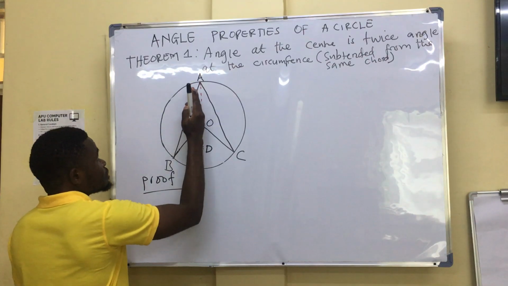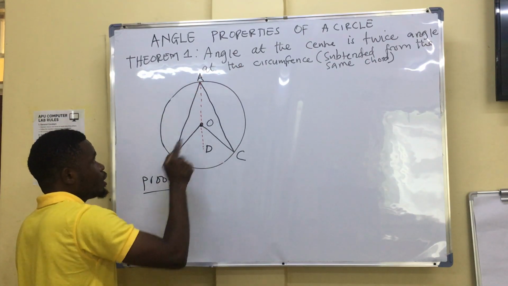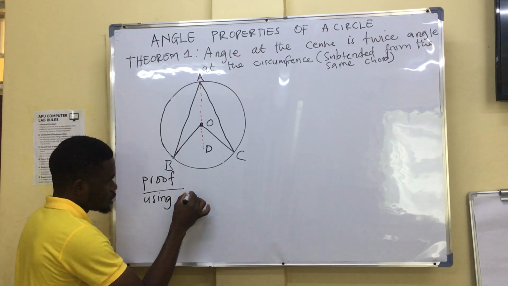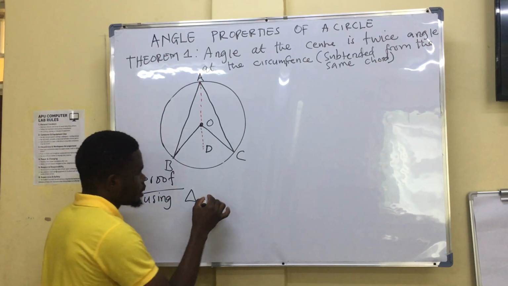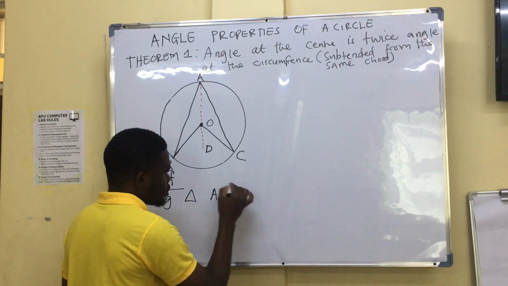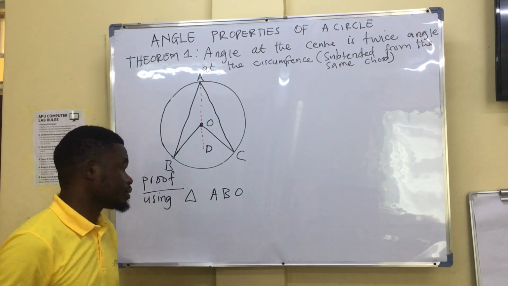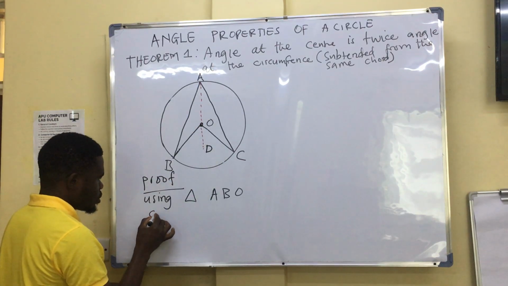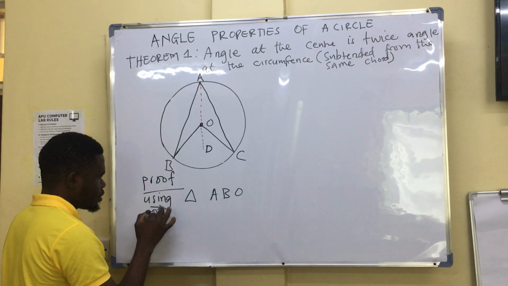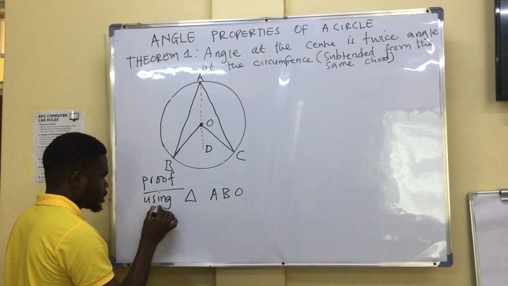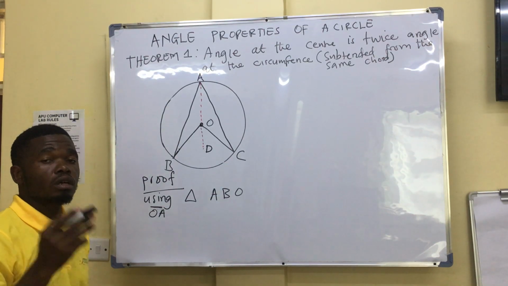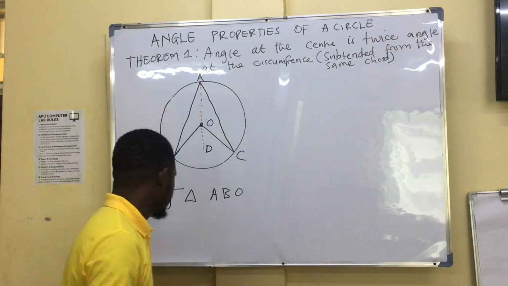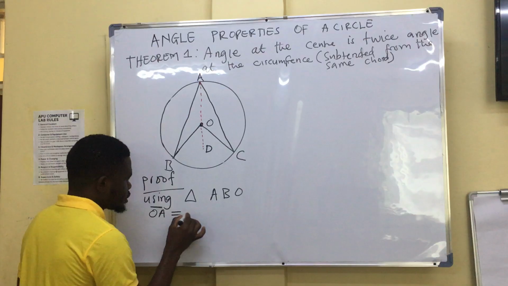So let's use triangle A, B, O first. Line OA, that line is a radius, right? So that line is equal to what?